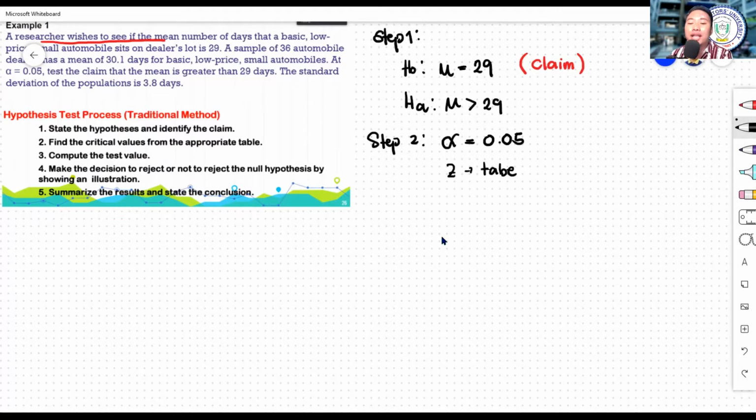Now, the Z table, because this is a Z test, we know the population standard deviation is given, which is 3.8 days. The question here now, guys, is this a one-tailed or two-tailed test? Do you remember? Is it a one-tailed or two-tailed test?